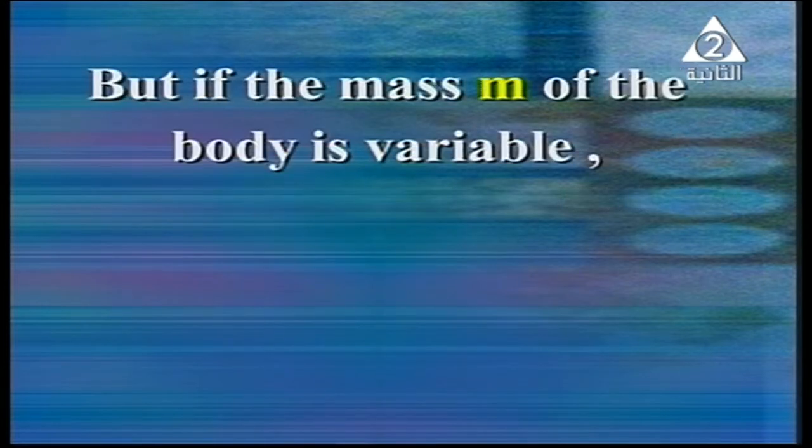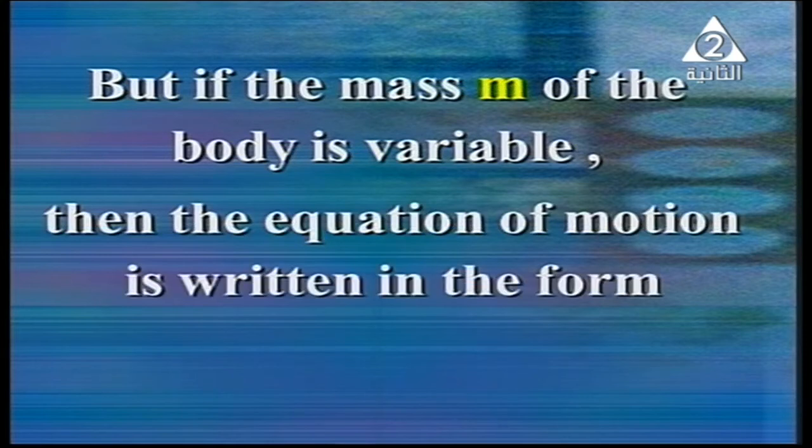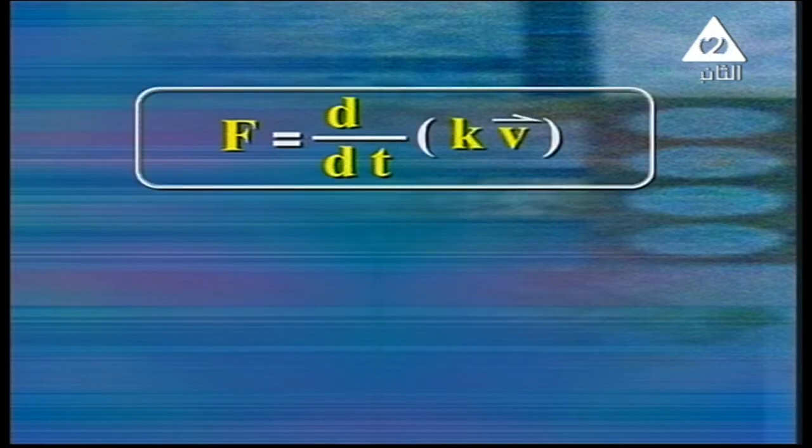But if the mass m is variable, not constant, what do we deduce? The equation of motion is written in the form F equals d over dt of kv vector. Dear students, in the case where m is constant, we use F equals ma, but in this case m is variable.